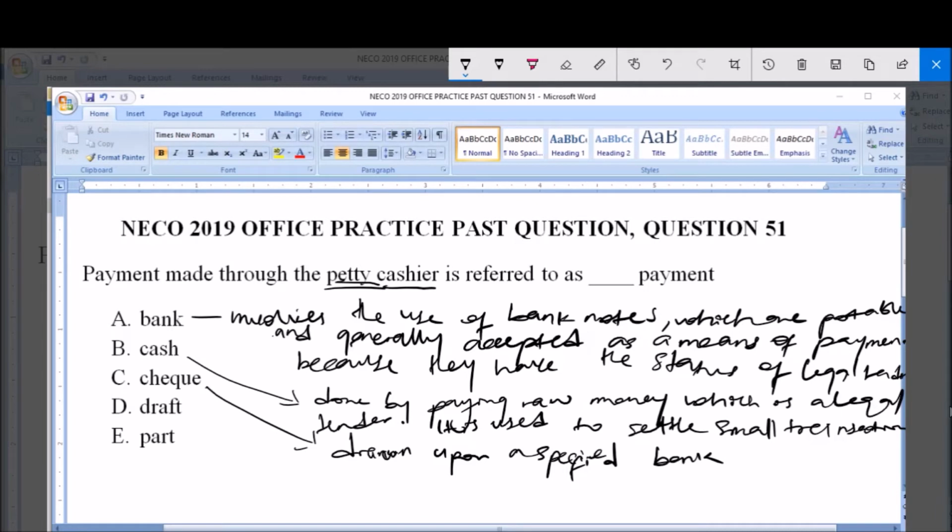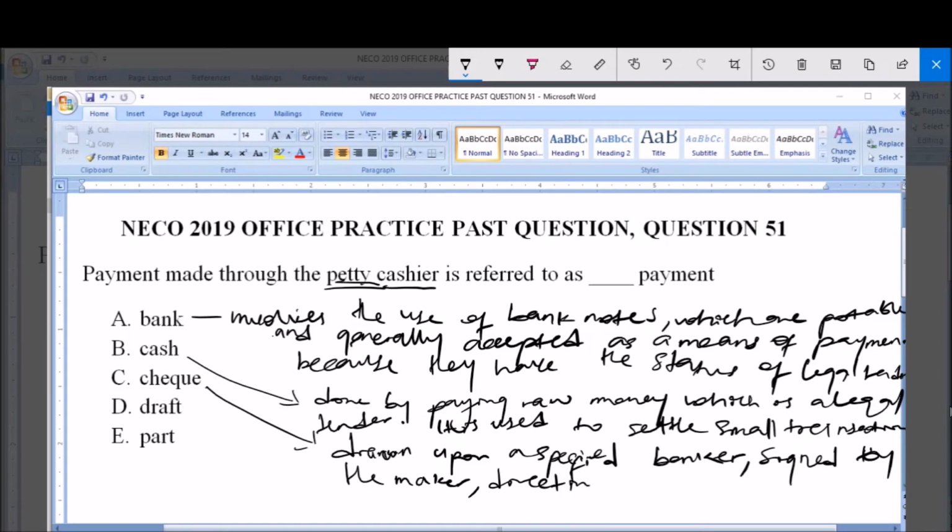Drawn upon a specified banker, signed by the maker. That is, this check must be signed by the maker.